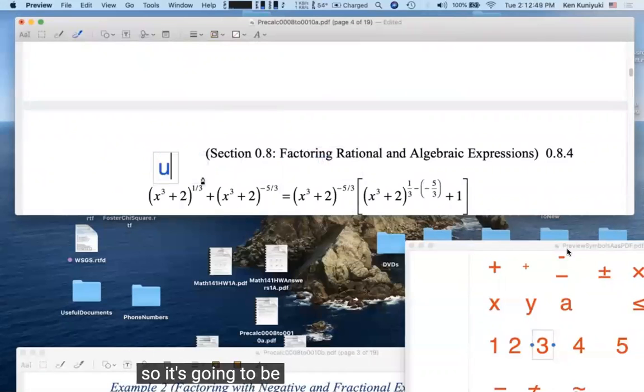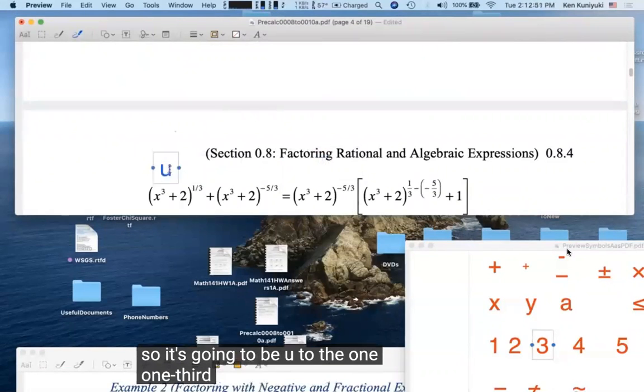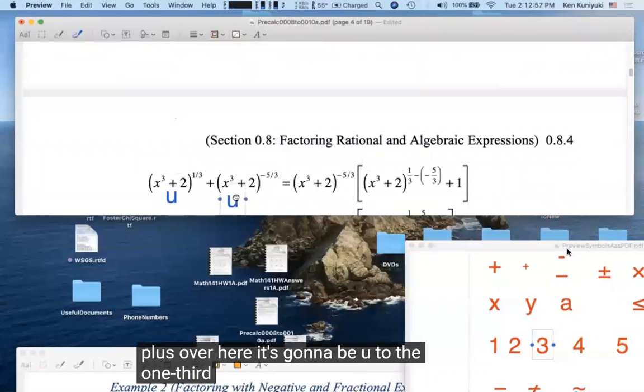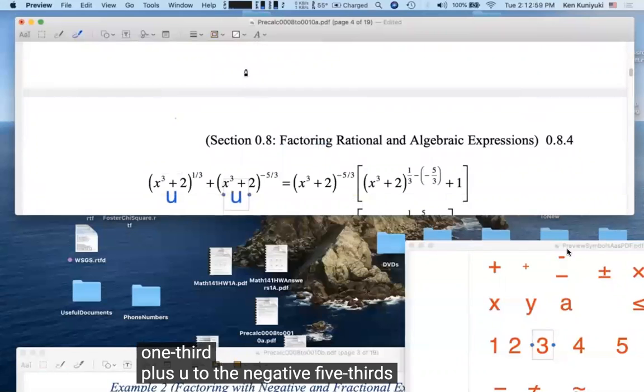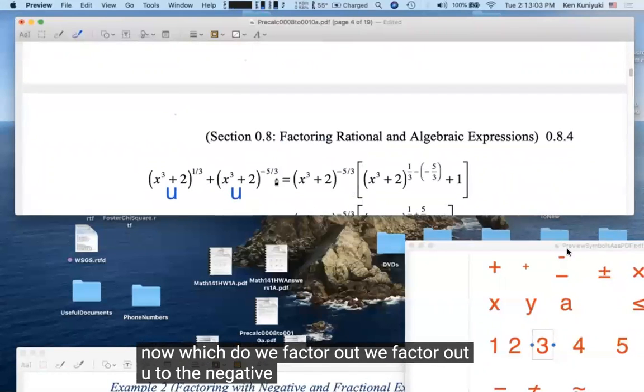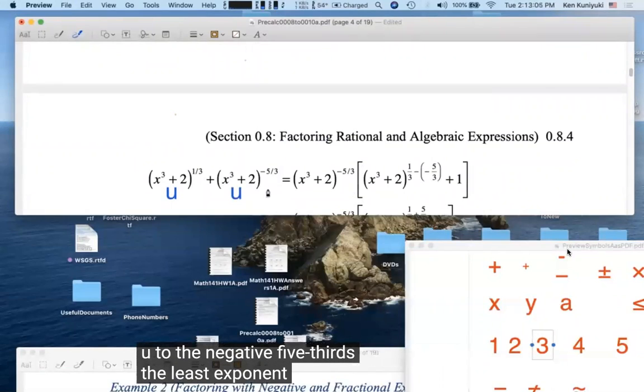So it's going to be u to the 1/3 plus u to the negative 5/3. Now, which do we factor out? We factor out u to the negative 5/3, the least exponent.